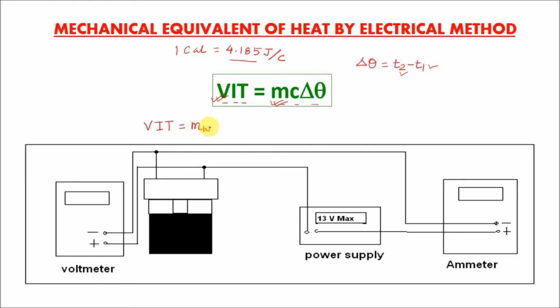We use a suffix to represent that this M is the mass of water, C the specific heat of water, and the rise in temperature of the water, plus the mass of the copper beaker, the specific heat of copper, and the same temperature rise which you have seen in the case of water. You can use any other beaker also. In that case, you have to take the specific heat of that particular material.